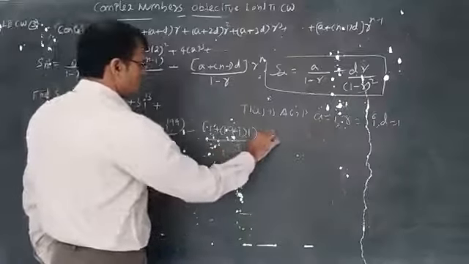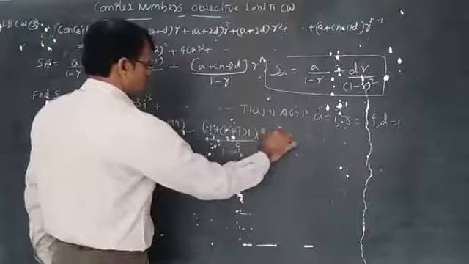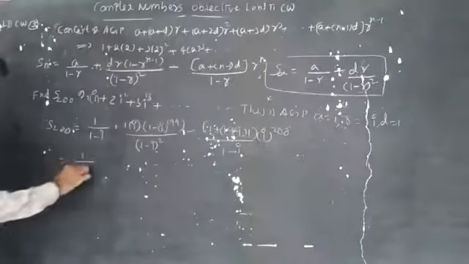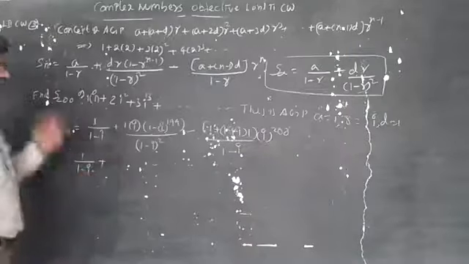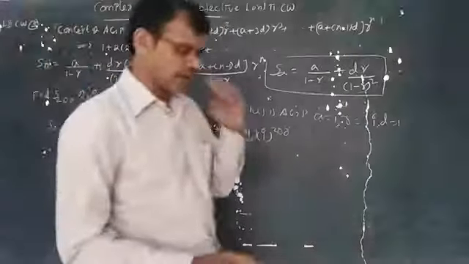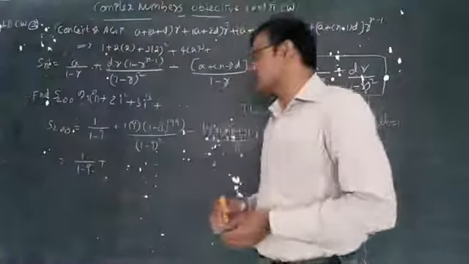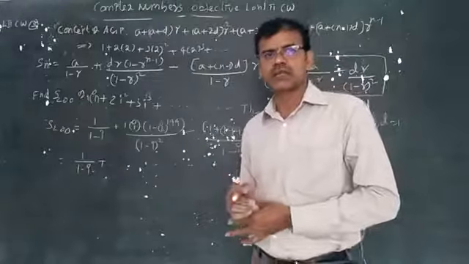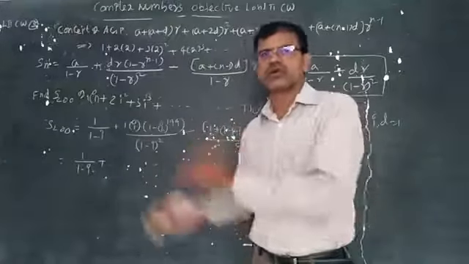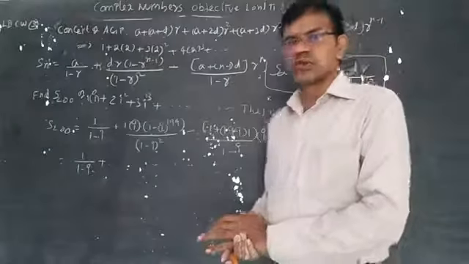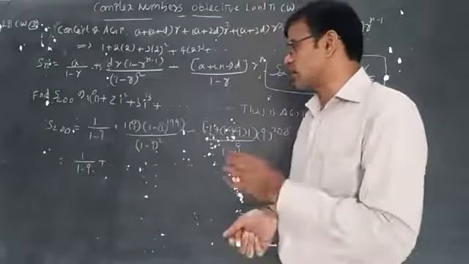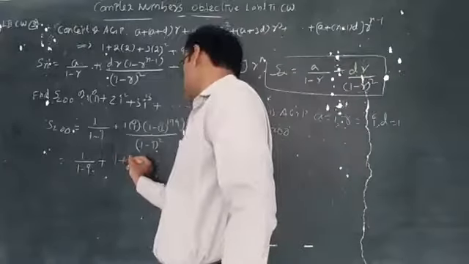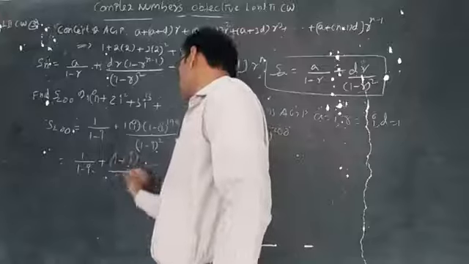That is equal to 1 by 1 minus i plus i into 1 minus i power 199. i power 199 can be understood as i power 198 into i. i power 198 is i square whole power 99, i square is minus 1, whole power 99 becomes minus, and with the minus already there it is plus. So 1 plus i by 1 minus i whole square.